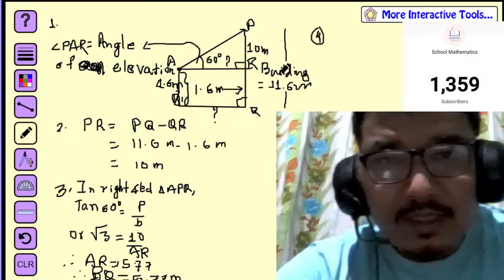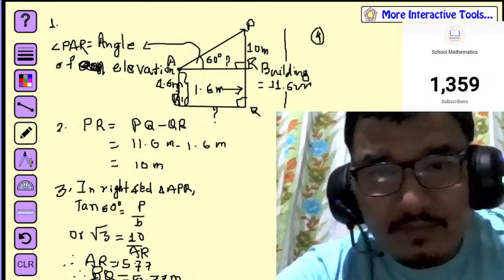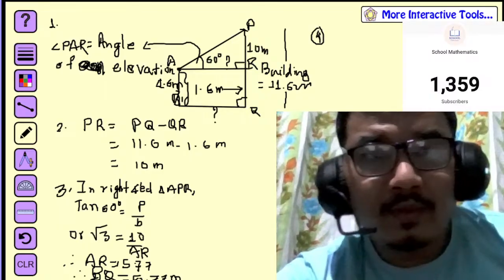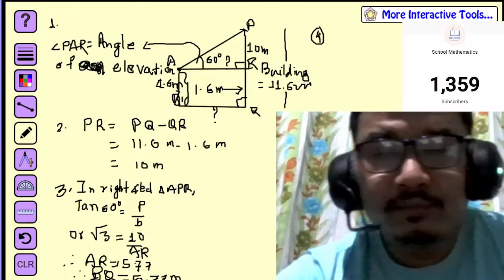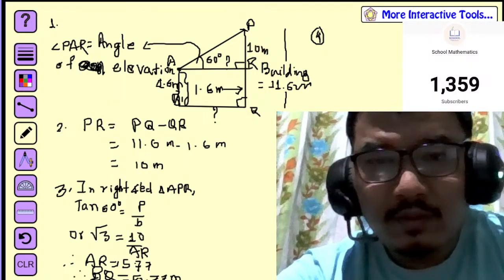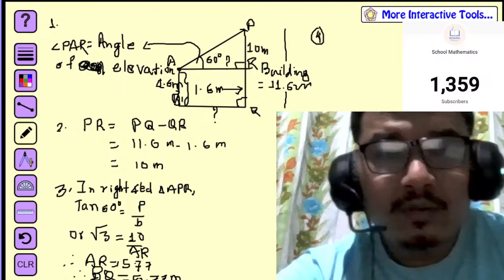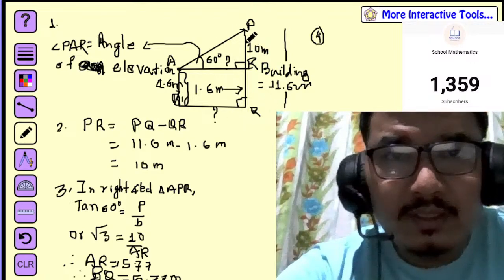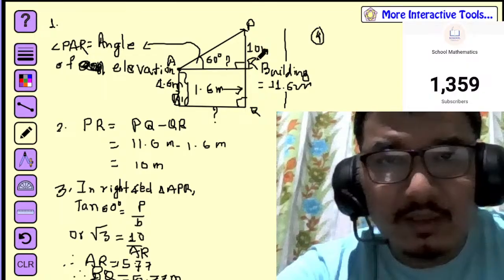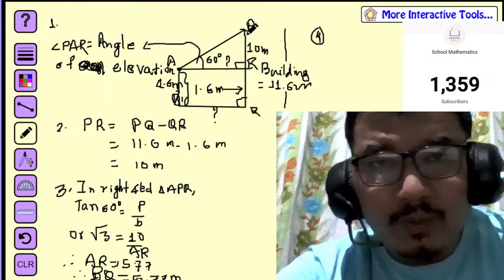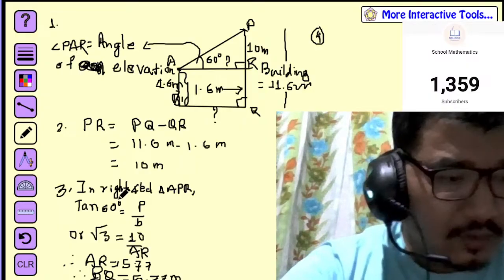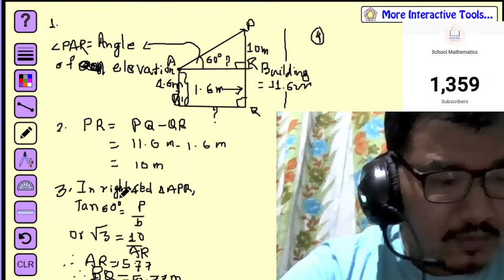See here, this is a right angle triangle. In this right angle triangle, when will this be the perpendicular? Look, the question is asking in which condition.